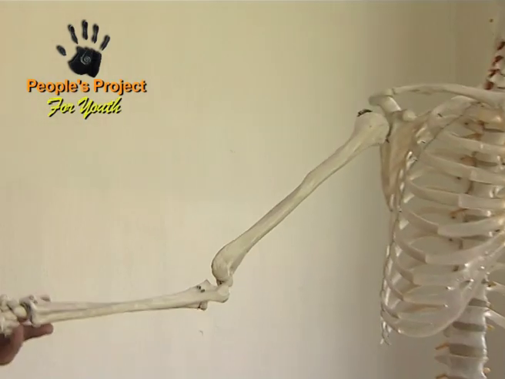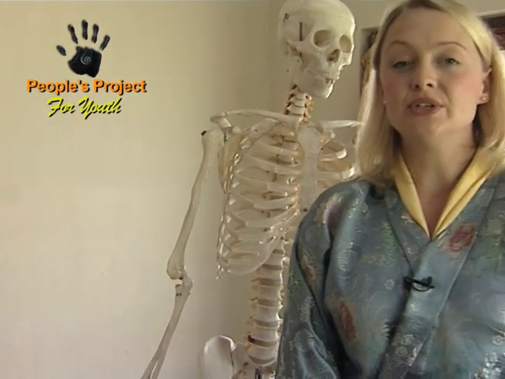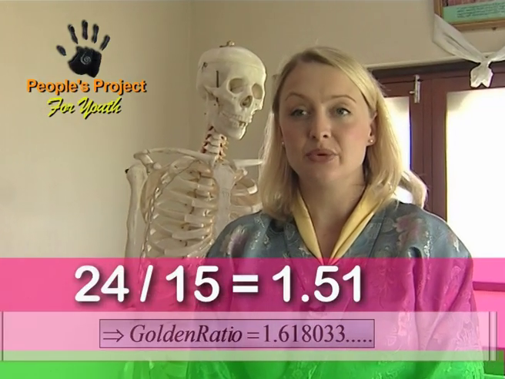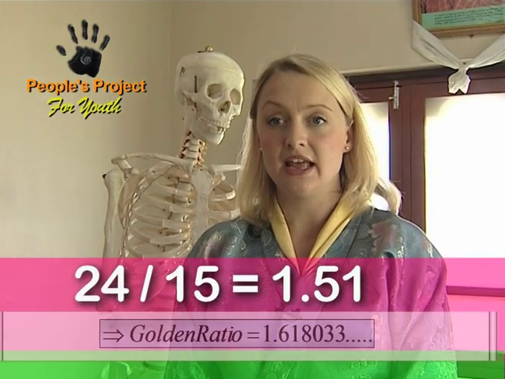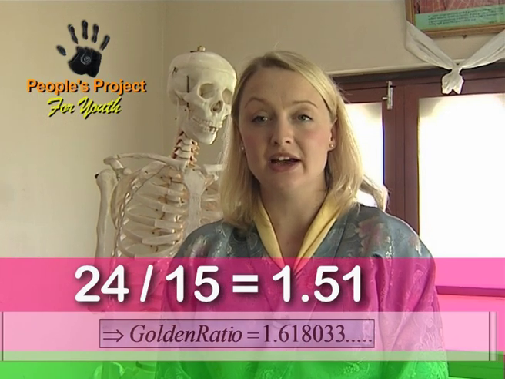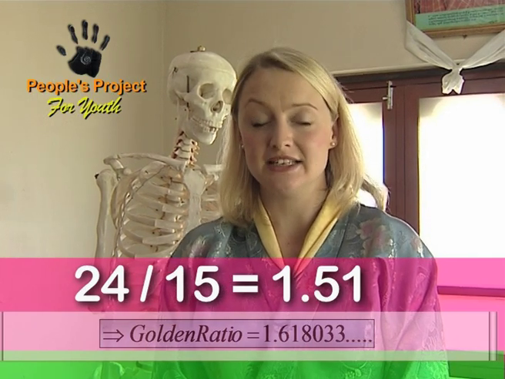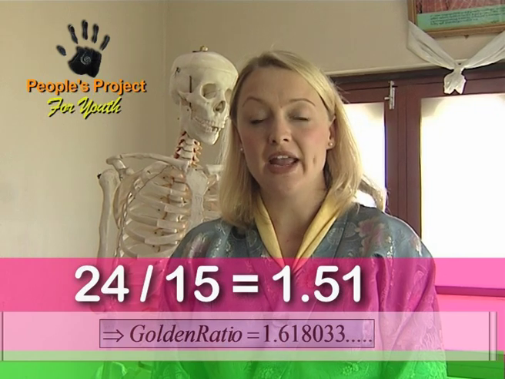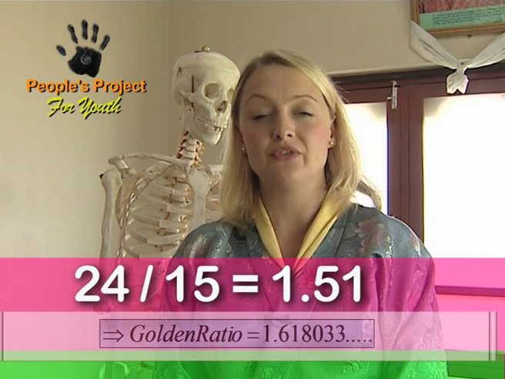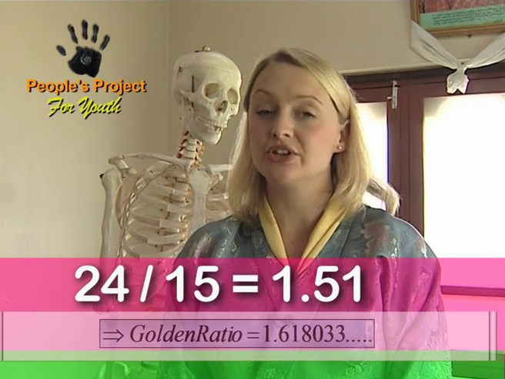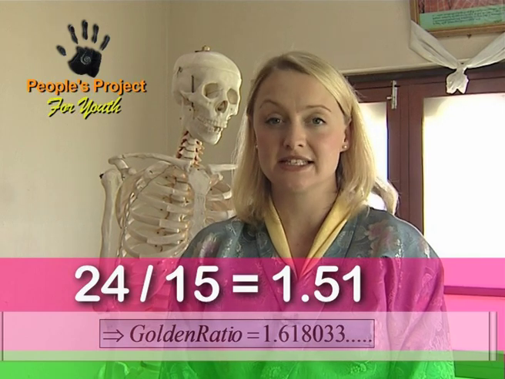So again, looking for our golden ratio, if you take the longer distance, which is 24 centimetres, and divide it by the smaller distance, which is 15 centimetres, we can find that we have a ratio of 1.51, which is very close to the golden ratio of 1.6.